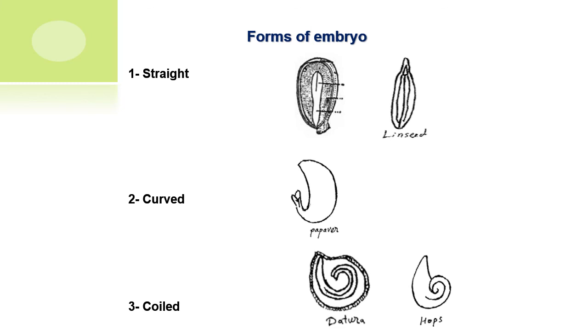Two cotyledons, one radicle, here the cotyledon and radicle on one line. Curved, in which the radicle starts to curve, having a slight curve in front of the cotyledon. Coiled, when the cotyledon has spiral or coiled development or growth, against the straight embryo, as in datura and hops.